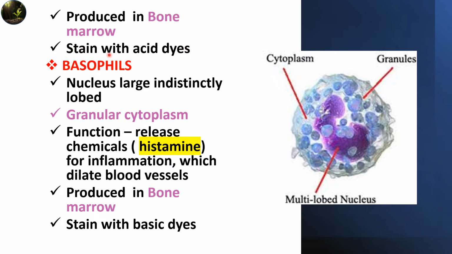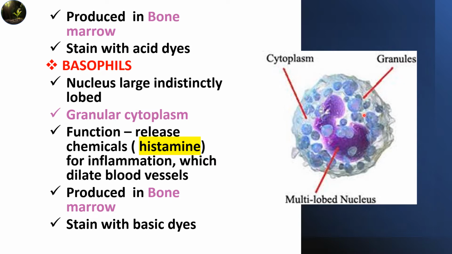Then what are the features of basophil? This is the third granular WBC, basophil. Nucleus large, indistinctly lobed. The nucleus is very large and we don't know how many lobes it has. In this picture you can see it is indistinct, a large nucleus.